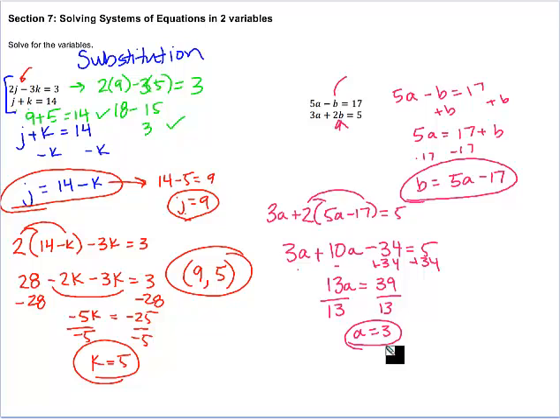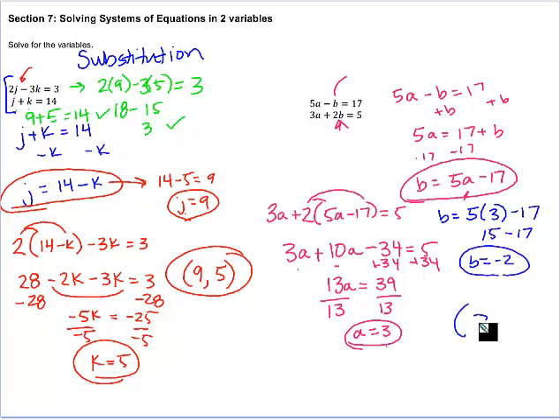Well, if a is equal to 3, I can plug it right back into there to figure out what my b is. So b is equal to 5 times 3 minus 17. So 15 minus 17, which is negative 2. So this solution should be, in alphabetical order, 3, negative 2. And now we just want to check to make sure that's right. So we check in both.